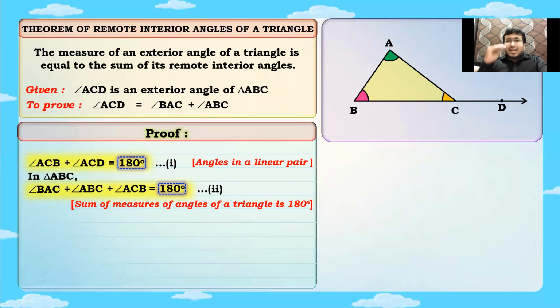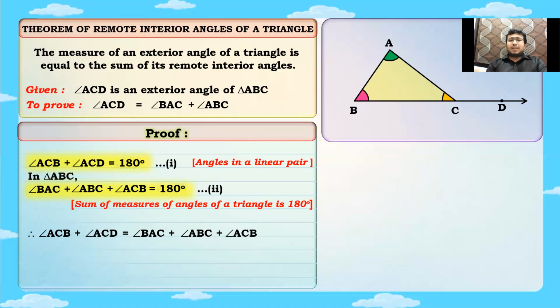Right hand sides are equal, so left hand sides will also be equal. So students, angle ACD plus angle ACB, the left hand side of equation number 1, is equal to the left hand side of equation number 2, that is angle BAC plus ABC plus ACB, from 1 and 2.